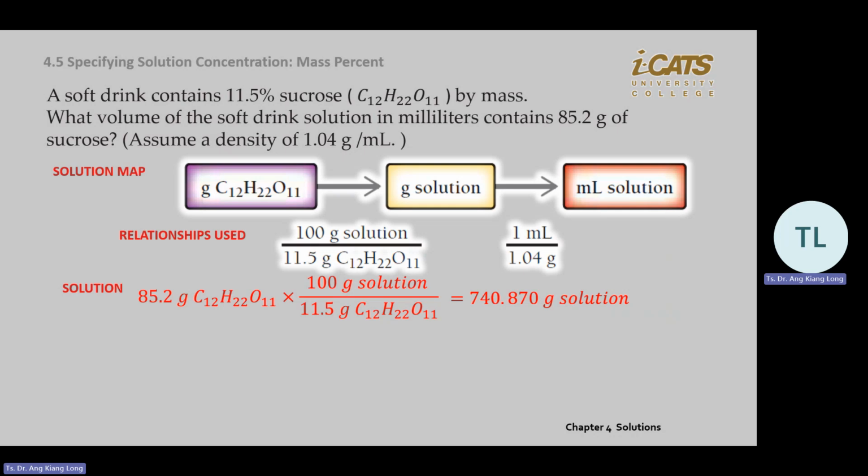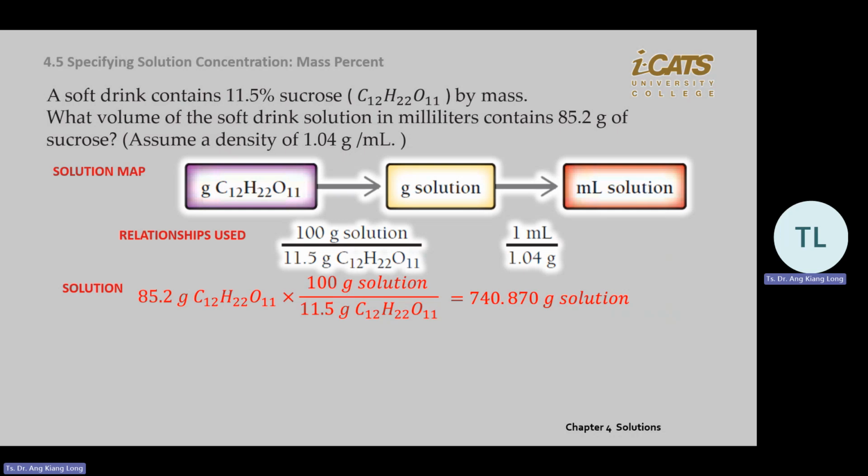It gives you that inside this new solution there are 85.2 grams of sucrose. What is the volume of this new solution? The concentration is still the same. So before you find the volume, you want to find how many grams of this solution, this Y gram of solution.